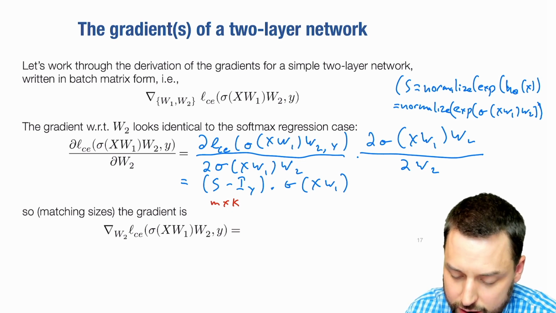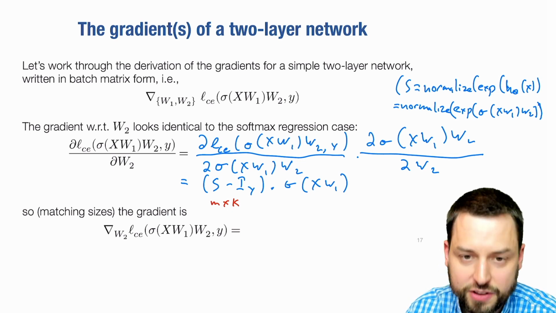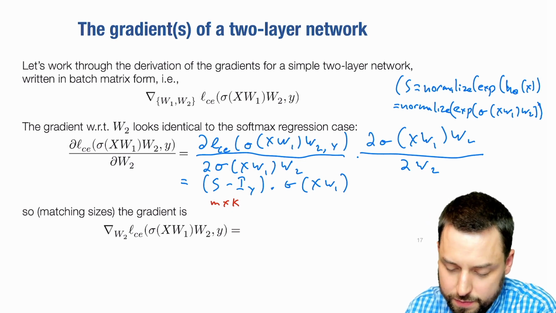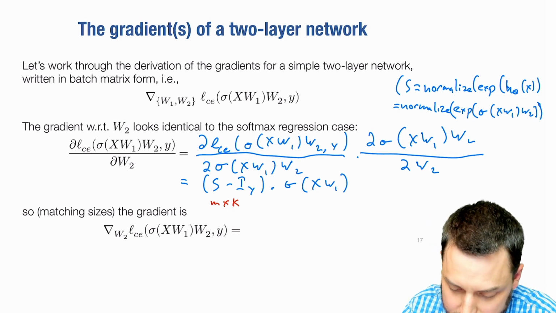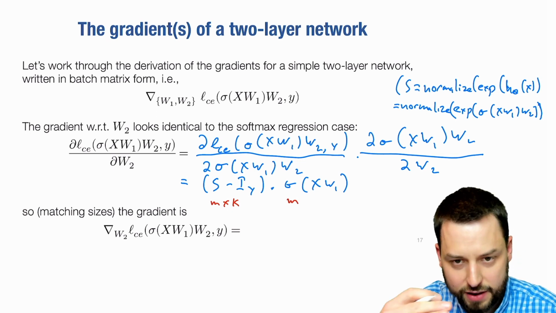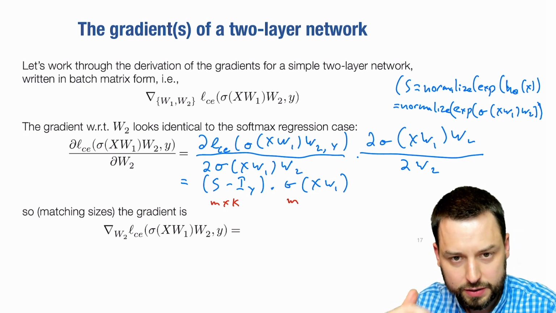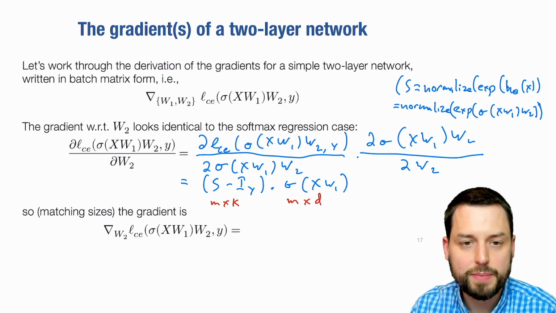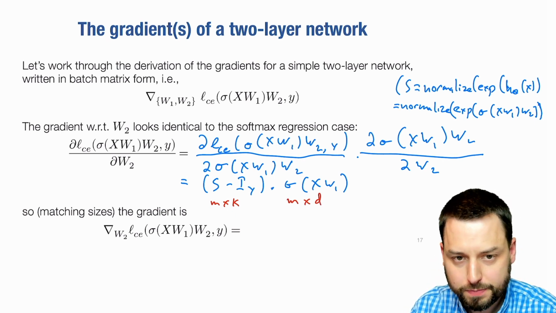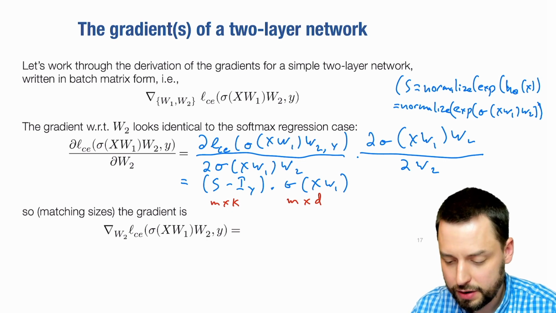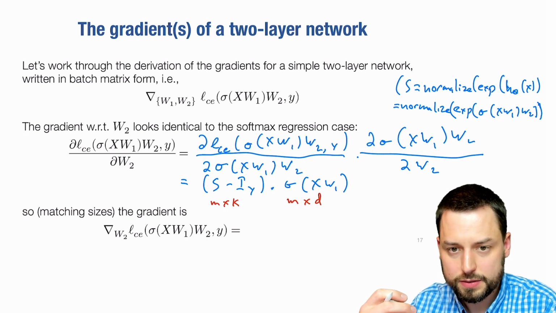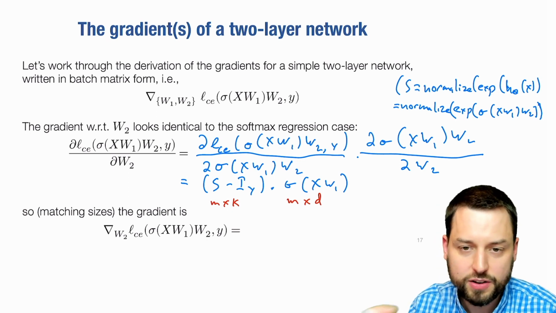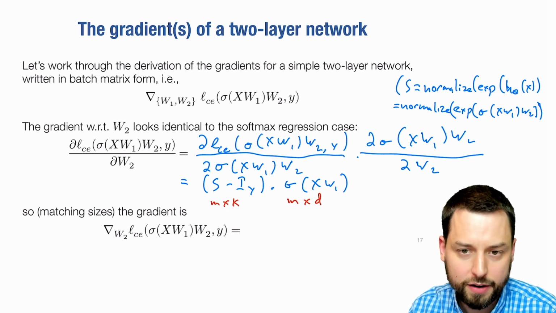And this next term, sigma of x w1, would be m by d, because we're applying it to every element of our data, and d is the dimension of the activations, or the hidden units, after we apply our first layer.